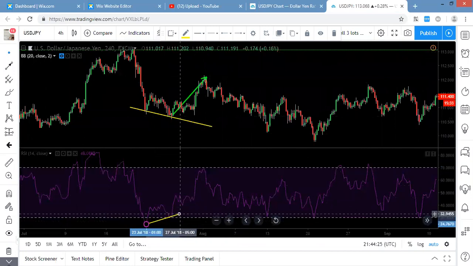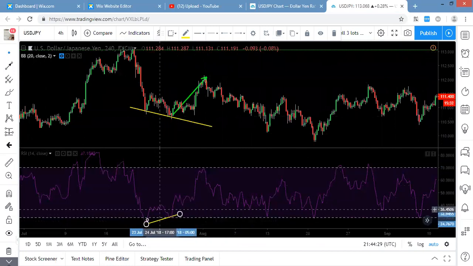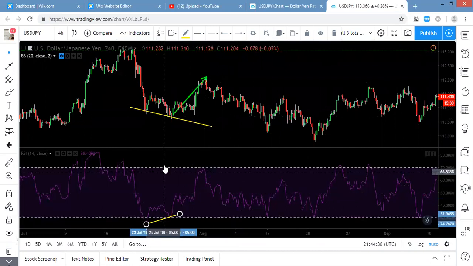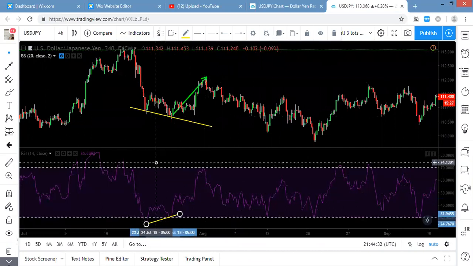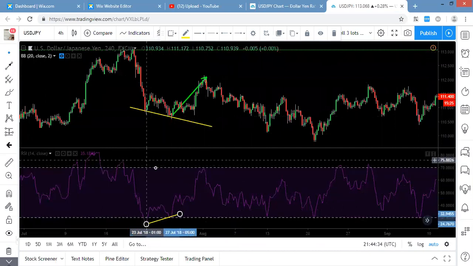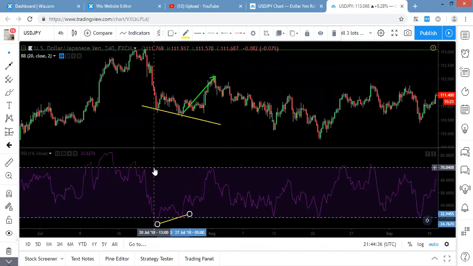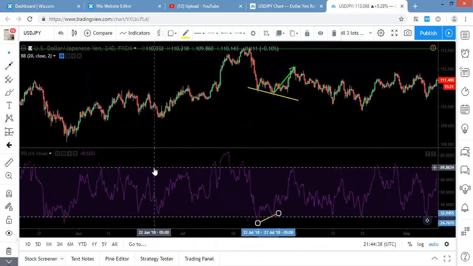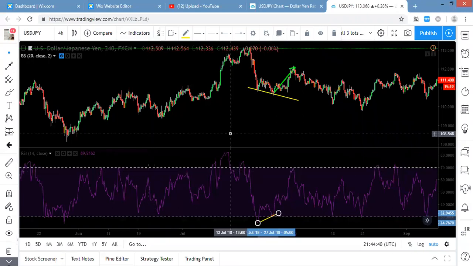Now, these divergence zones can be found right around the 30 mark and right around the 70 mark, okay, in the extreme areas, okay?